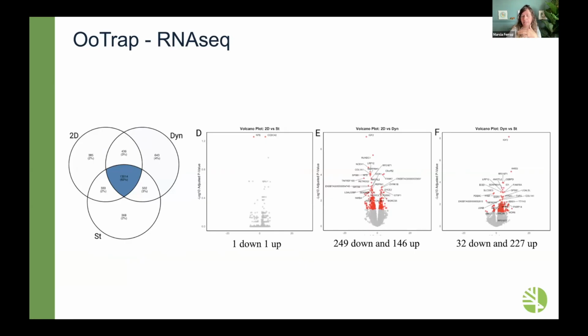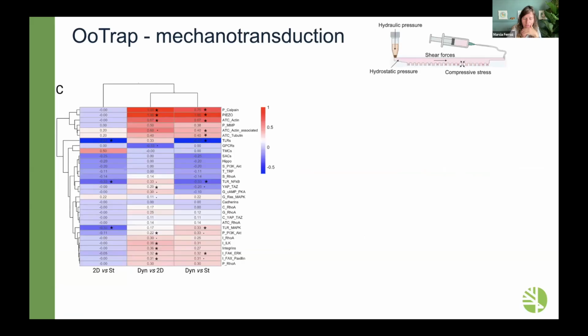Because we were interested in whether we were mimicking those mechanotransduction pathways in these oocytes, we also focused on analysis of those pathways. And what we saw was that between 2D and static, there were just a few significant pathways. But between dynamic and 2D and dynamic and static, around 40% of those mechanotransduction pathways were upregulated in the dynamic compared to the static situations.